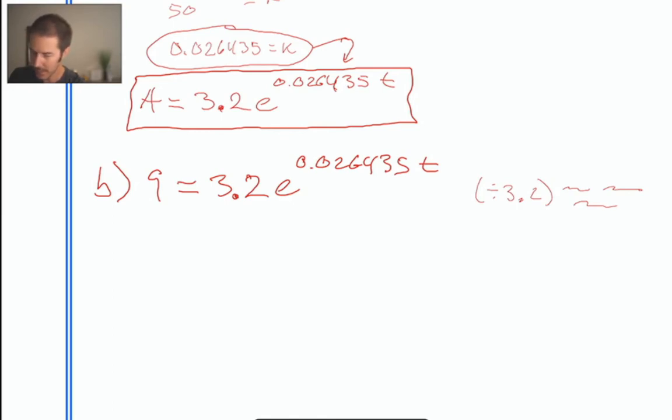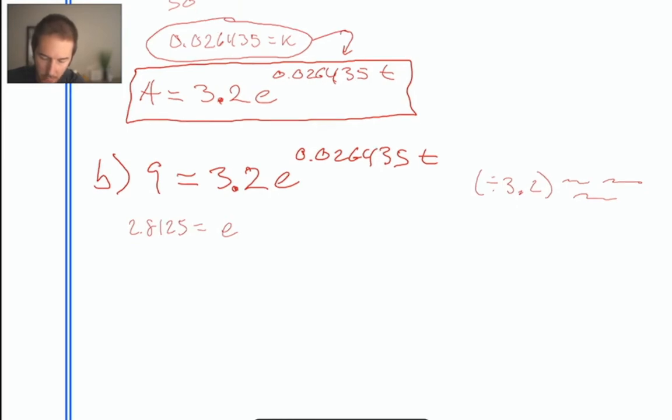And I'm going to type 9 divided by 3.2, enter, and I get 2.8125 equals, excuse me, e to the power 0.026435t. And then I need to get that exponent down onto the ground, so I will take the natural log of both sides.